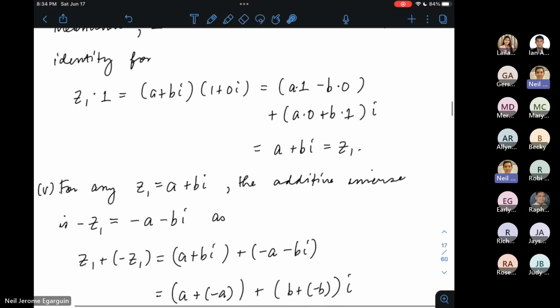Tapos ito na. Any questions about that? Problema lang, sir, paano na-derive yon? So siguro later, kapag ka-komplikado yung expression, mahirap makuha yung multiplicative identity. But here, I have a guess that it's either 1 plus 1i or 1 plus 0i.